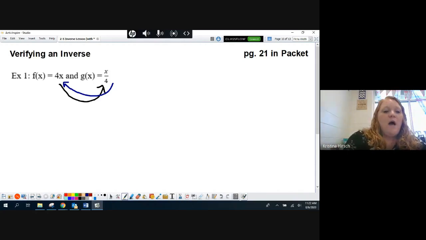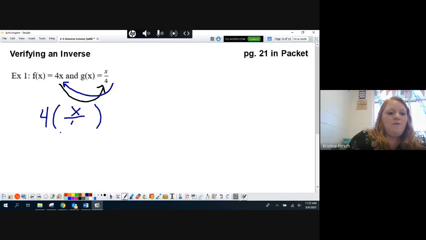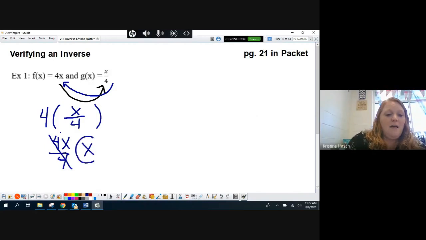I'm going to do this first one. So instead of 4x, I have 4 times something. Well, this is what goes into that parentheses because I'm substituting it into the other function. So I'm going to put x over 4 in my parentheses. If I multiply that, that's 4x over 4, which cancels out to give me x.